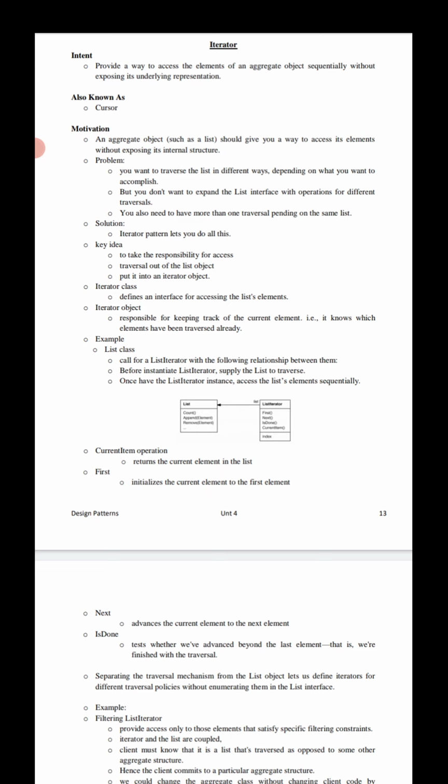First you need to initialize the current element to the first element. Next, advance the current element to the next element, and the is done function tests whether you have advanced beyond the last element, that is, whether we are finished with the traversal or not.